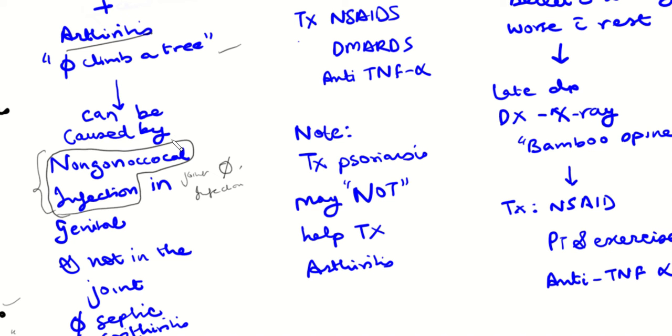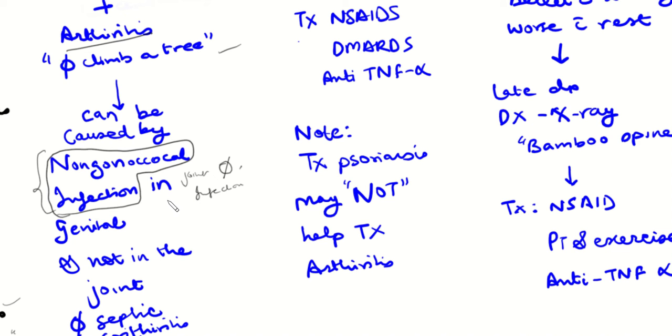Okay? And again, this is an immune process which is causing the arthritis. So the infection, I'll clarify, is not in the joint. So you're not going to have an arthrocentesis that is going to give you a septic profile with opaque fluid and greater than 50,000 WBC count. Good?